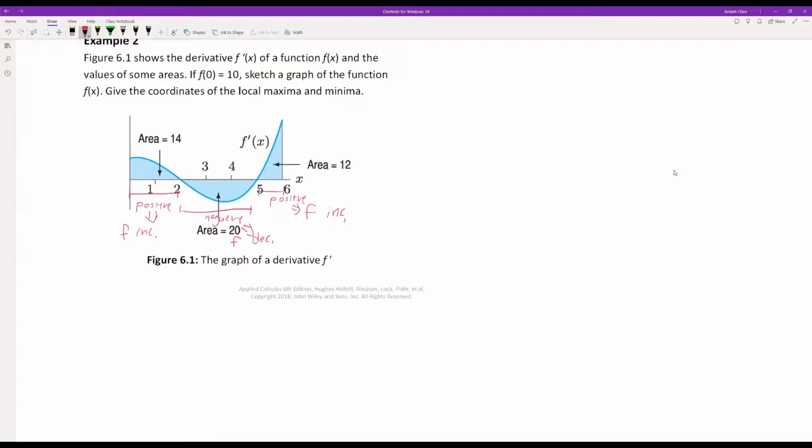So I want you guys to pay attention to these 2 points at 2 and 5, right? So the green point says that f prime of 2 is equal to 0 and f prime of 5 is equal to 0. And remember what this means.